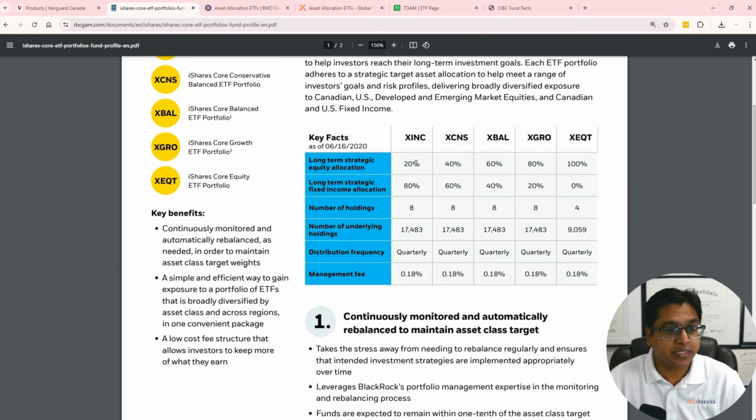If you look at this chart, you will see that the equity portfolio has all underlying stock in it, so there is no bond portion in it. And the fees for all of these funds are around 0.2%, which is basically what you pay every year.